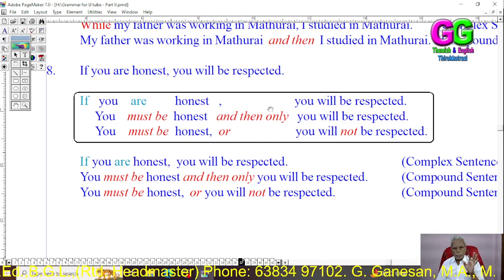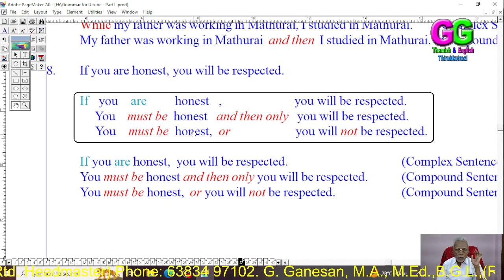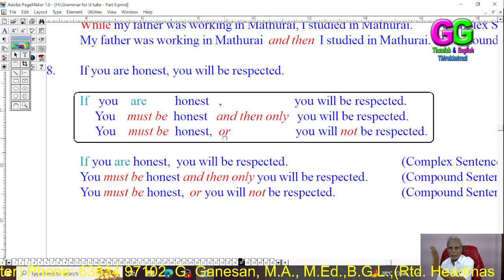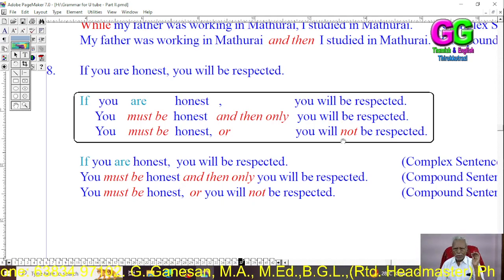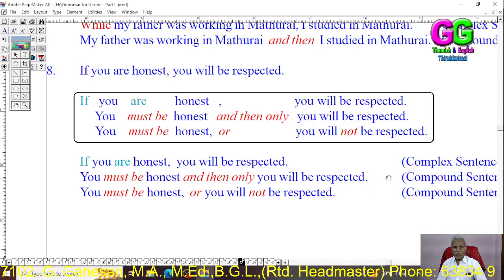Both the sentences are in positive. When we use the compound conjunction "otherwise", we have to make the second sentence negative. We have to convert the second sentence.